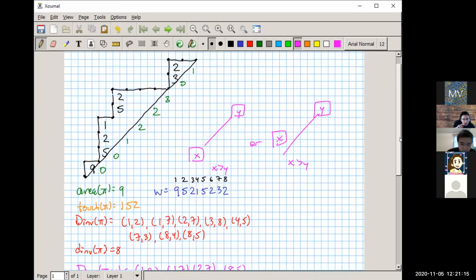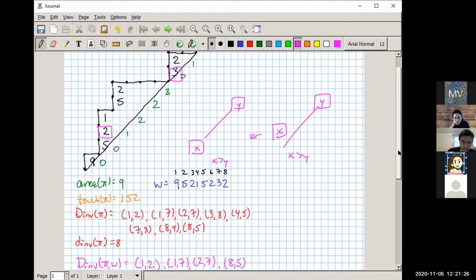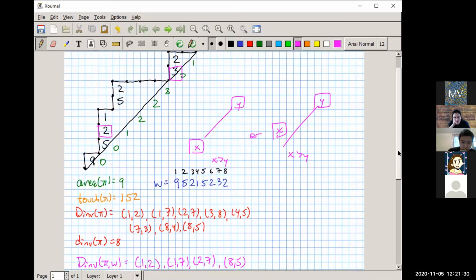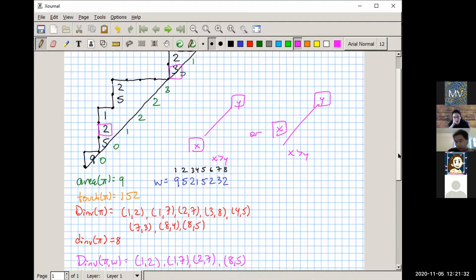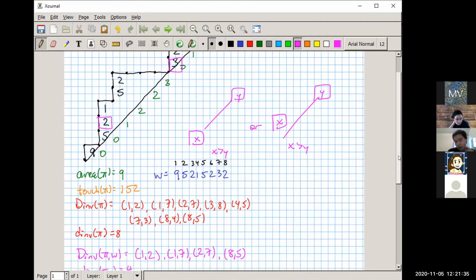Wait, so do I want this number to be bigger than this one? So in like 7, 3, 7 corresponds to number 3, and then position 3 corresponds to 2, and 3 is bigger than 2. Therefore, 7, 3 is in the set. So I think it should be 7, 3, 8, 4, and not 8, 5. Okay.